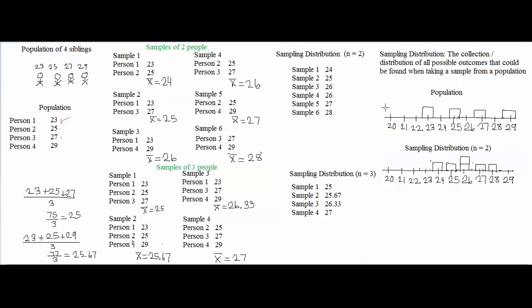Now let's make a histogram for the sampling distribution for the sample size of 3. So I'll just copy and paste this number line again. And I'll erase the boxes.